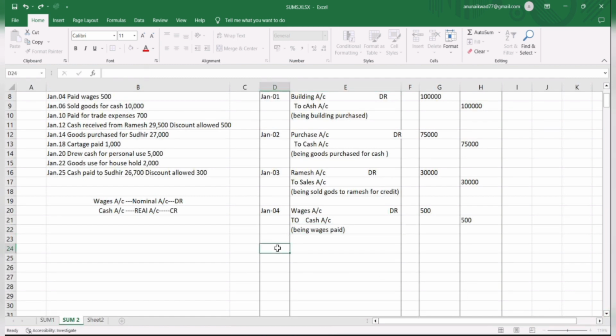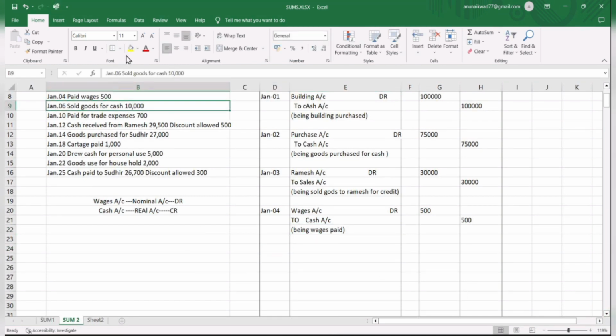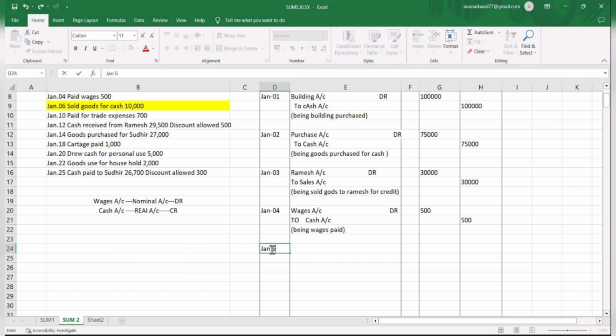So our next entry is on Jan 6, that is sold goods.